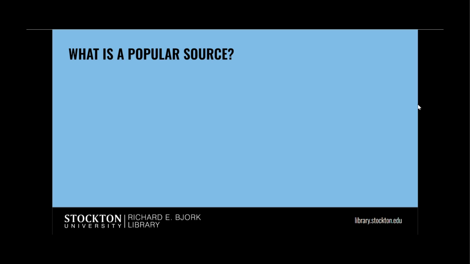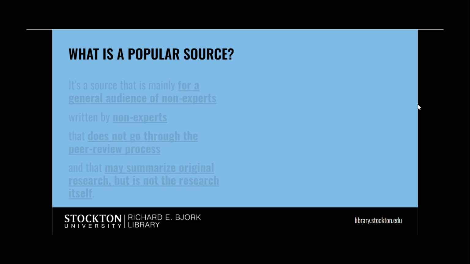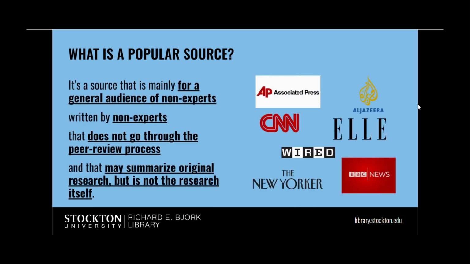So then what is a popular source? We talked about databases, we talked about peer review a little bit. A popular source is mainly for a general audience of non-experts. It's written by non-experts, and it's essentially a non-expert taking something that is really great information and putting it in terms that everyday people understand.